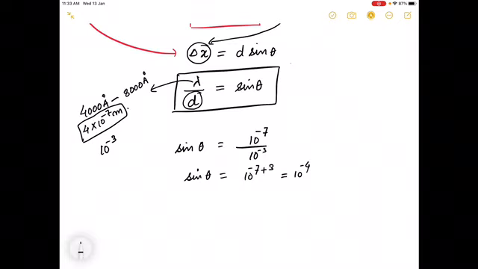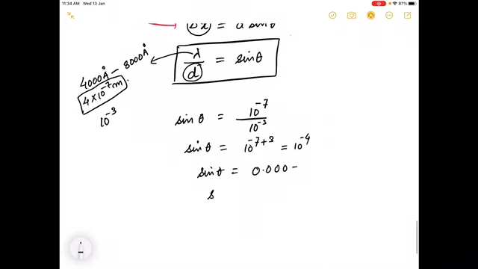That means sin theta will be something like 0.000 and some value, right. So I can very clearly say sin theta is approximately equal to 0. Yes or no? Sin theta is approximately equal to 0. So we have studied, in our optics experiment also, that theta is a very small value, right.